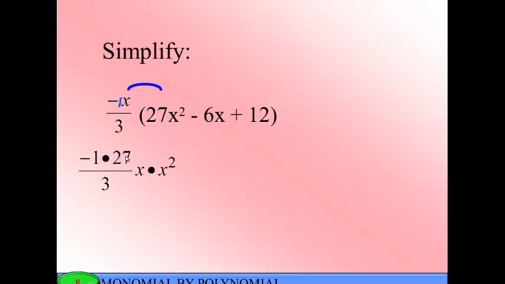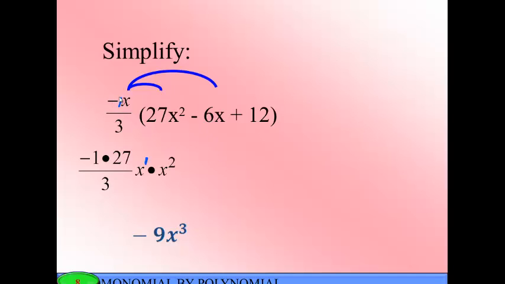So negative 1 times 27 is negative 27, and then we divide that by 3. That will give us negative 9. X times x squared, again we can see the exponent of x, so it means that exponent is 1. So x times x squared is equal to x cubed. Next, negative 1x over 3 times negative 6x.